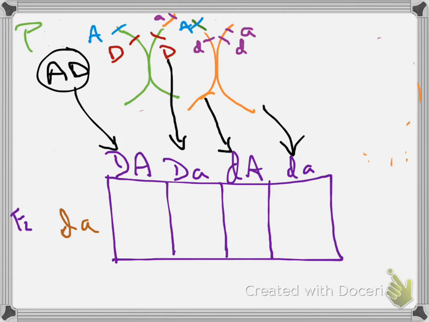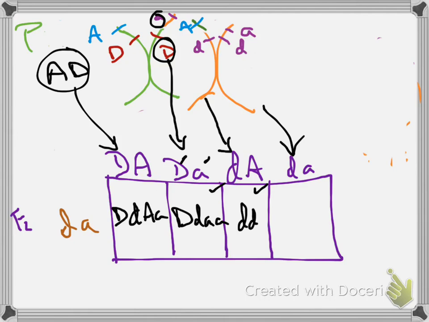You see that? The big D little a is this big D little a because of crossover. So suddenly these are possible. How about that? Okay. And so we look at big D, big A, little a, big D, little a, little a, little d, big A, little a, and little d, little a.